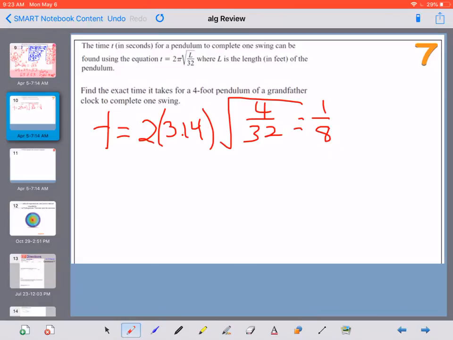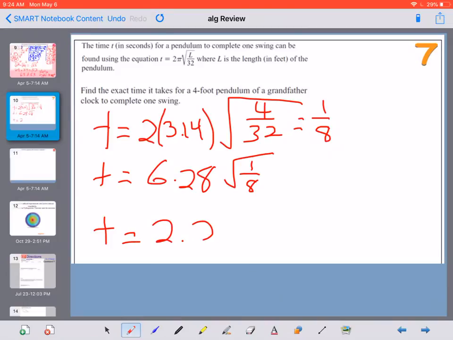So then I'll have 2 times 3.14, which is 6.28, times the square root of 1/8. So now that's something I'm just going to put into my calculator, because then it makes it easier. So I get t equals 2.2.